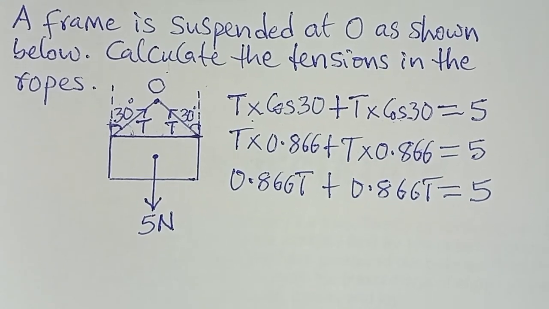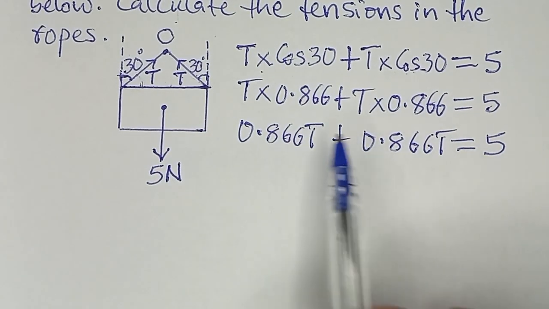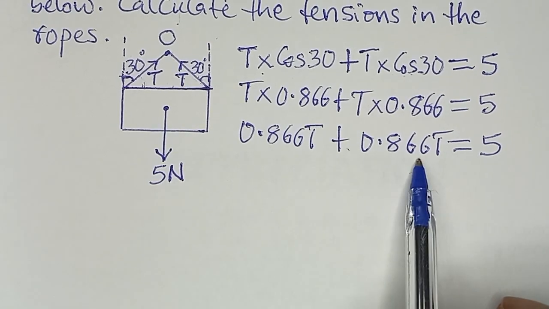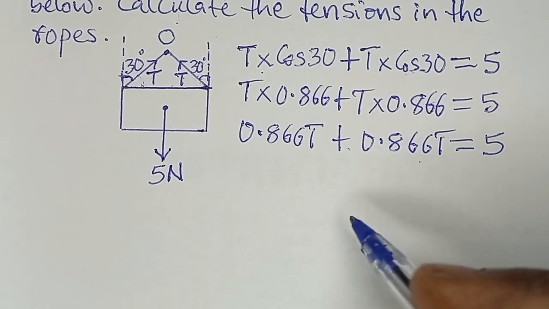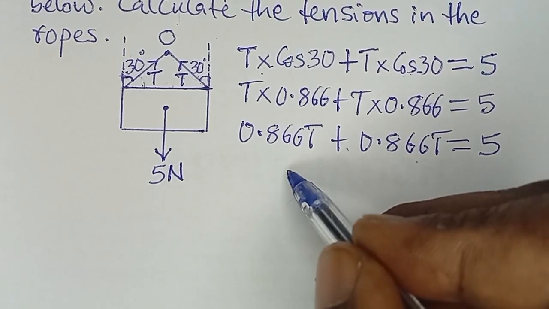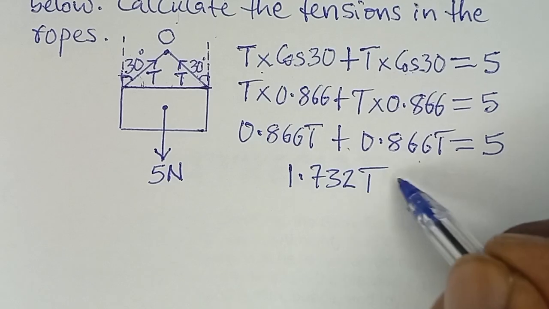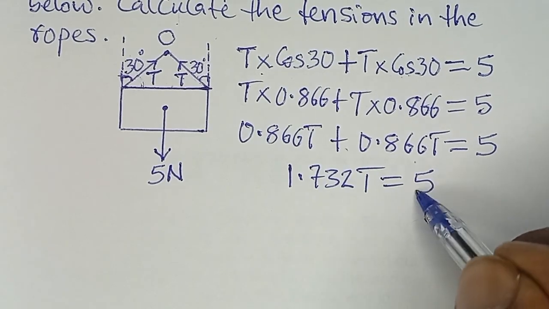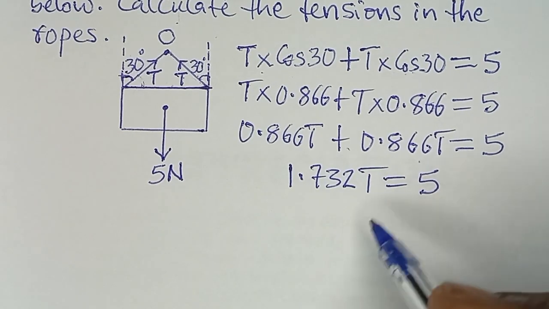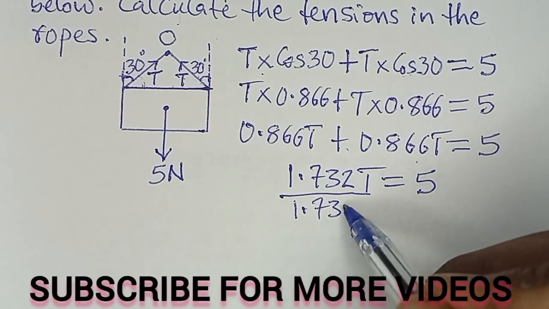And then solving further, we can as well say 0.866T plus 0.866T as like terms, and that will give us 1.732T. So 1.732T is equal to 5. So in order to get the value of T, we simply divide both sides by 1.732.